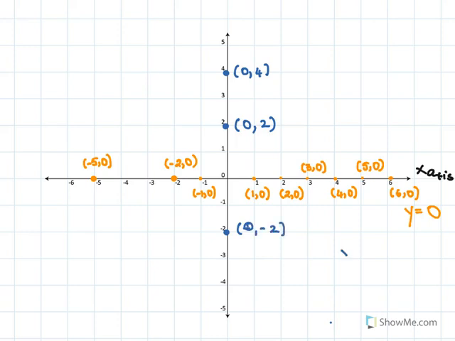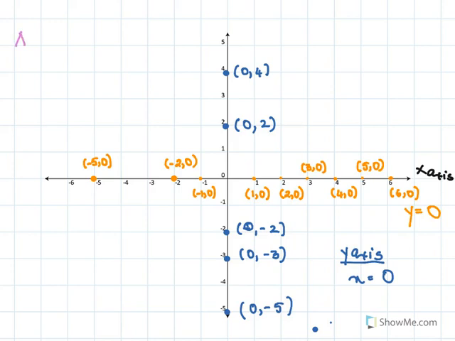For the y-axis, the x is always 0. Then we'll take up a point, say -3, and for -3 it will be (0, -3). If we take up the point -5, that will be (0, -5).